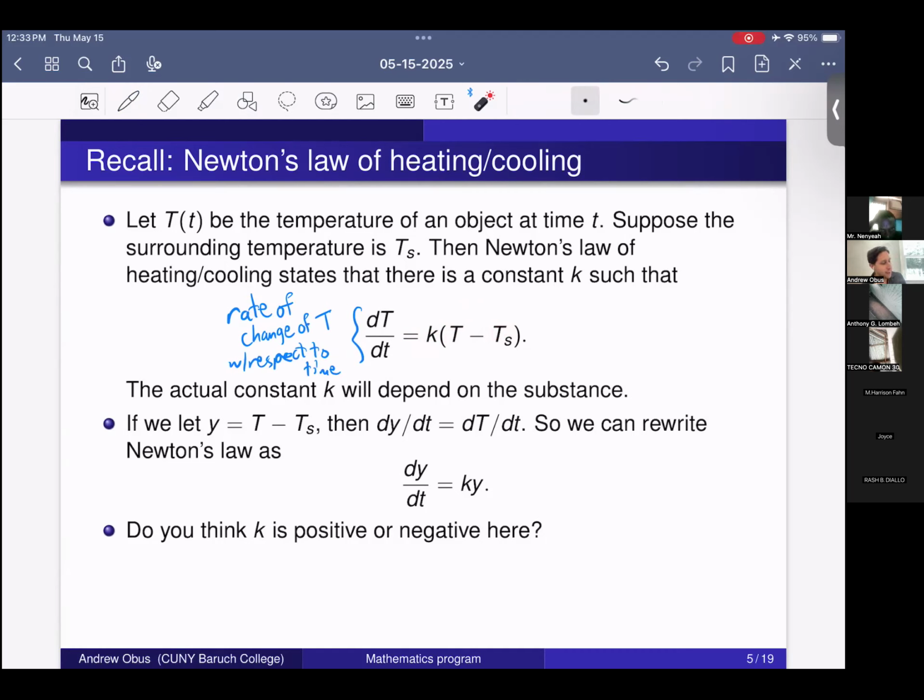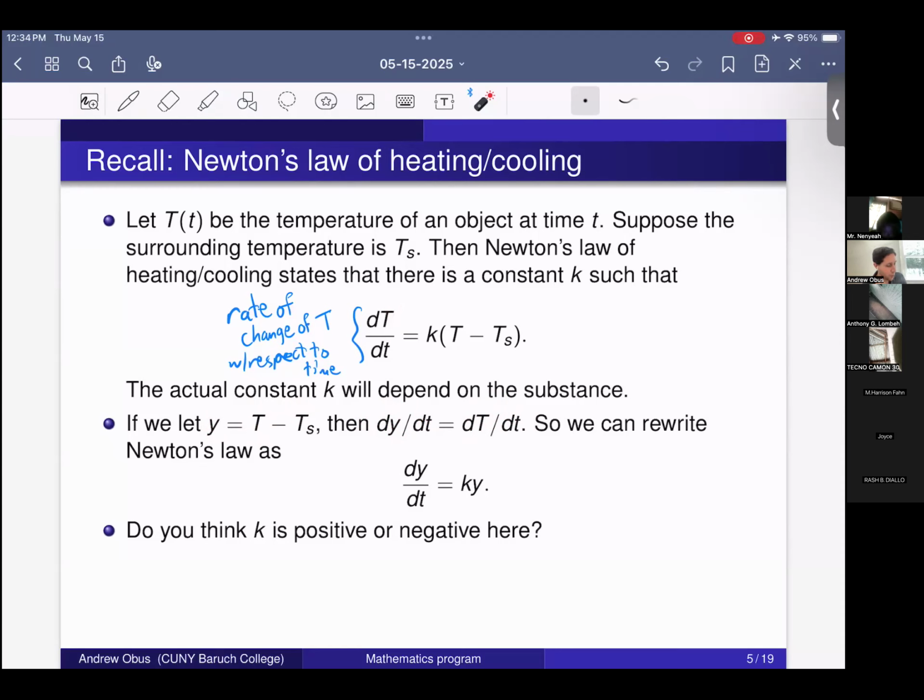What we did last time is make a change of variables: we let y be not just the temperature, but the difference between the temperature and the surroundings. Since y is T minus a constant, the derivative of y is the same as the derivative of T. This extra constant doesn't do anything when you take the derivative. So the derivative of y with respect to time is the same as the derivative of the temperature with respect to time.